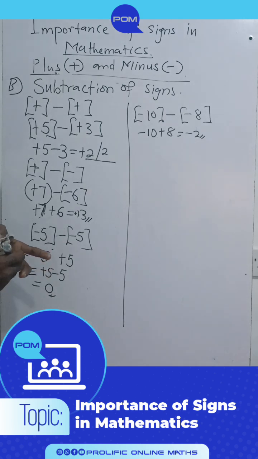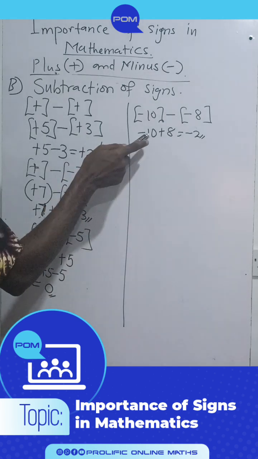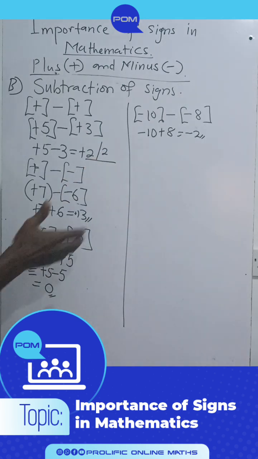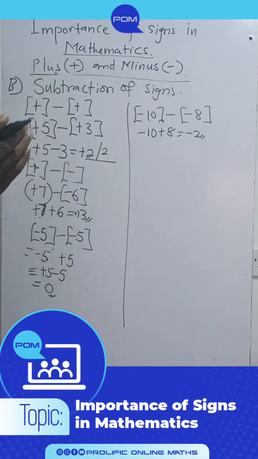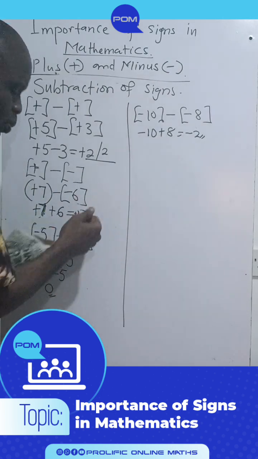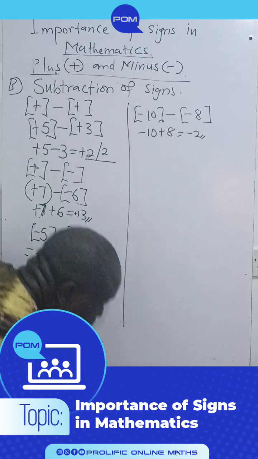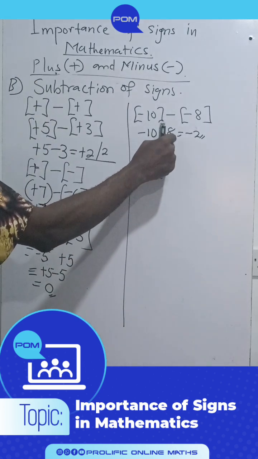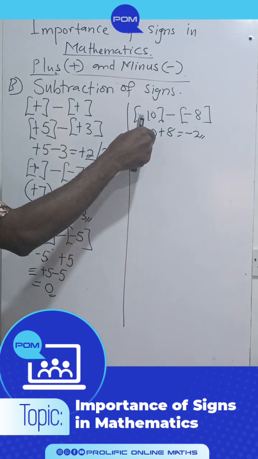Now I know many of you will like to ask this question: why will this one give me minus 2? What this is simply saying is that, like I said, when we were growing up and learning mathematics, our math teacher would always tell us that when you are having a positive, this positive belongs to this 8, while this negative belongs to this 10.